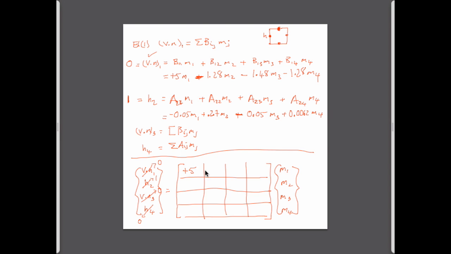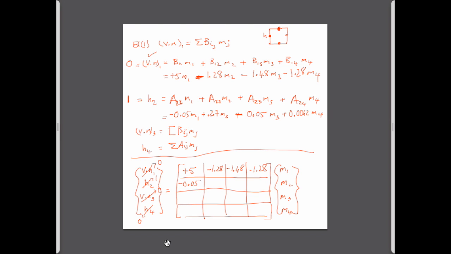This is minus 1.28. This is minus 1.48. And minus 1.28. And you can do the same for these as well. Minus 0.05. So I won't go through the rest of those, but that's what it is.